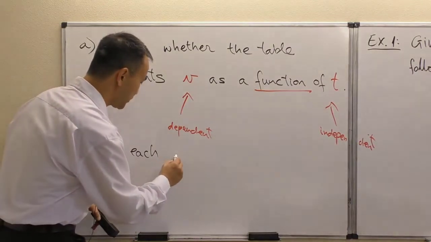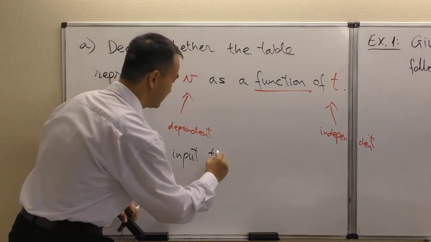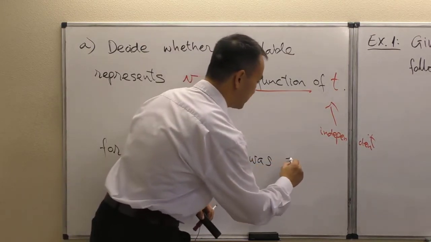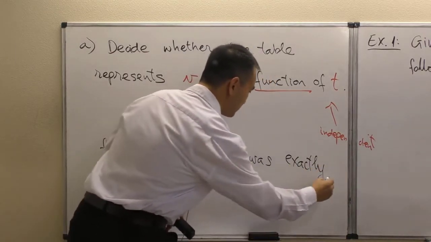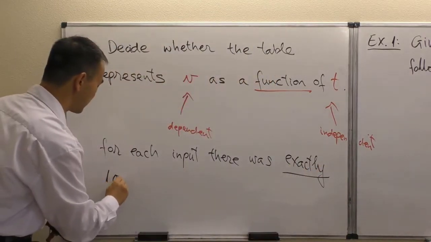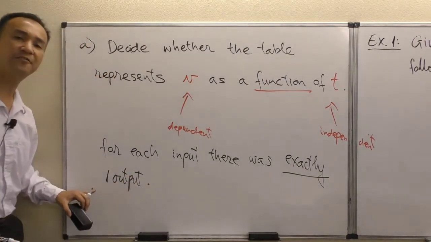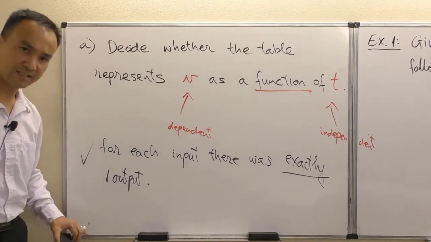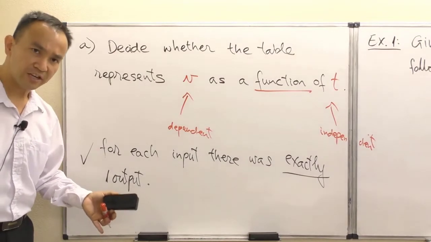For each input, because we saw that earlier, there was exactly one output. So this is the part where it really met that final requirement for being a function. We passed the checking requirements based on the definition of what a function is.